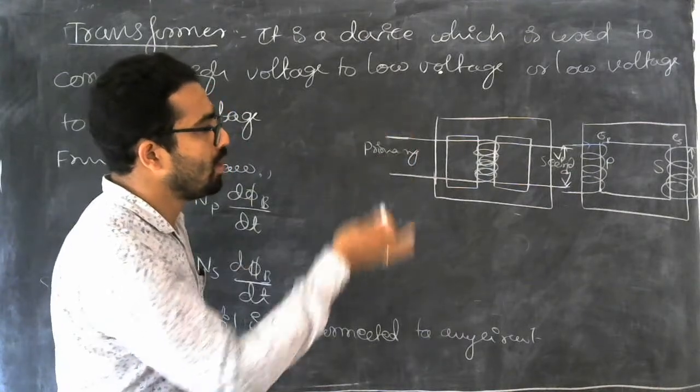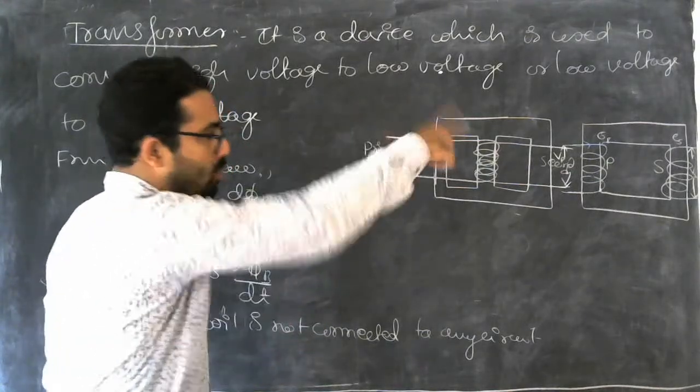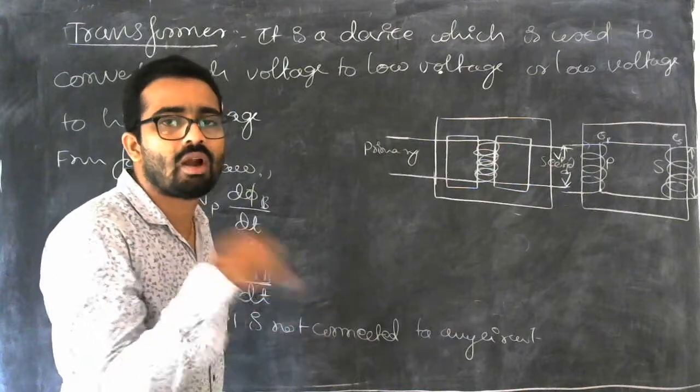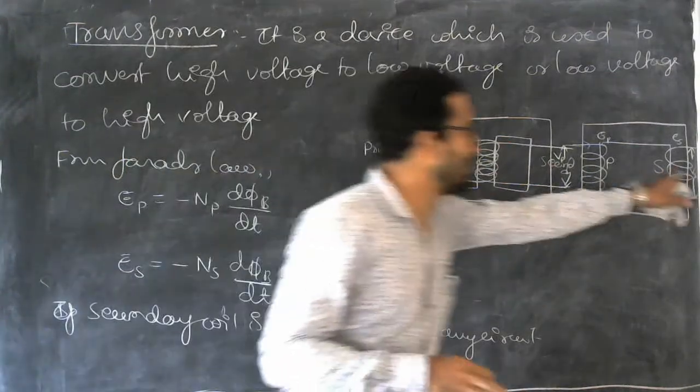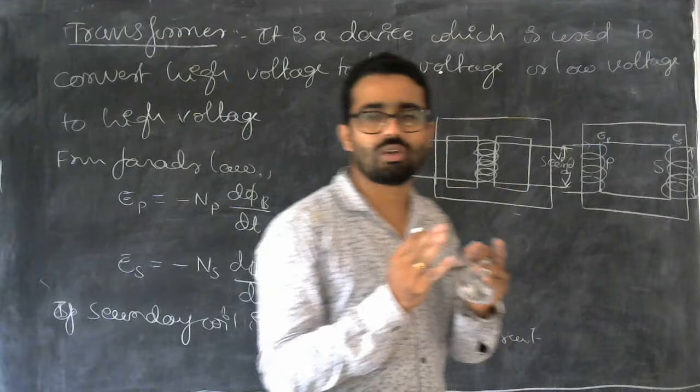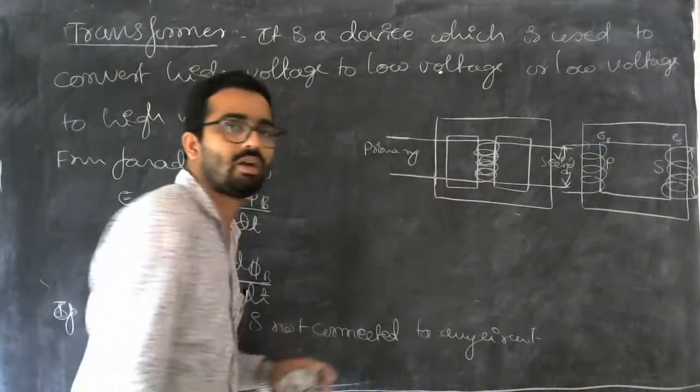So we have not connected any kind of component over there. In other words, we have not connected any load to this end. Load means it is a circuit or a resistor. We have not connected anything over there.